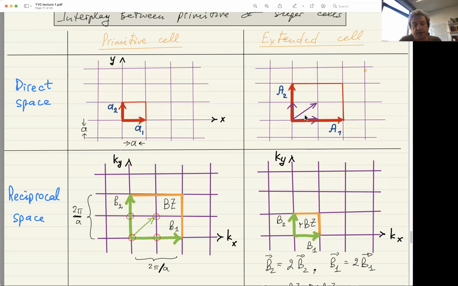So there's a view here that by extending the unit cell several times, you will remove some of the translations, because translations within that extended cell are not anymore considered as translations. But in fact, they are. And any translation of this lattice with the bigger cell taken as a periodic unit can be written as a big translation plus an internal translation.